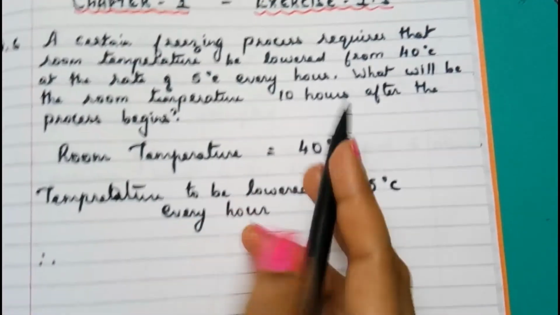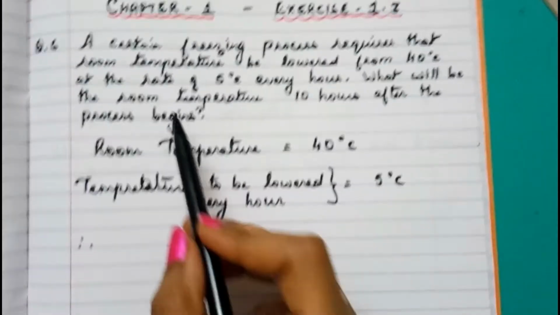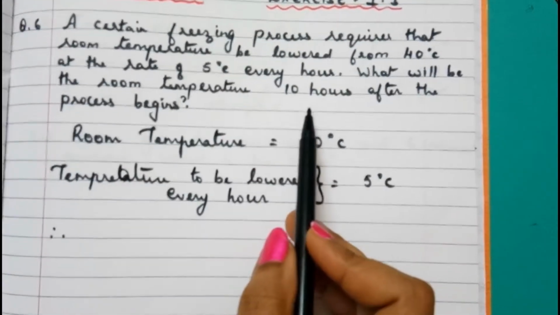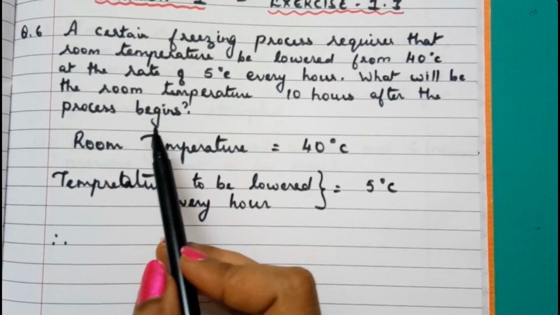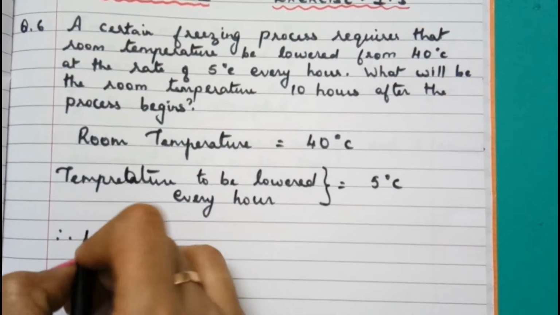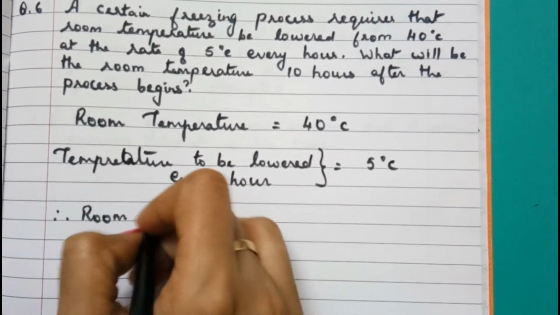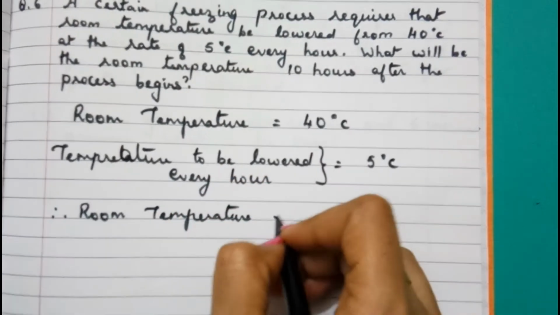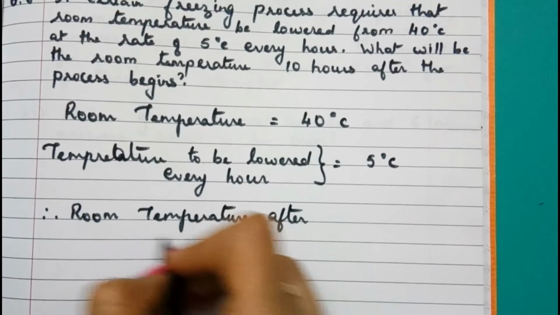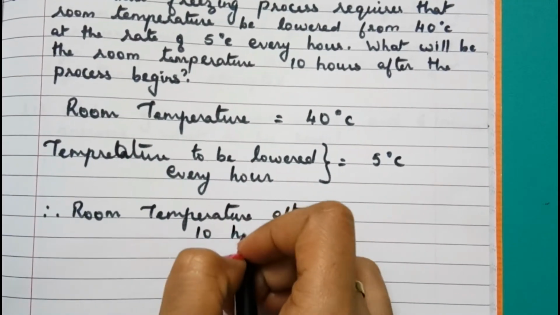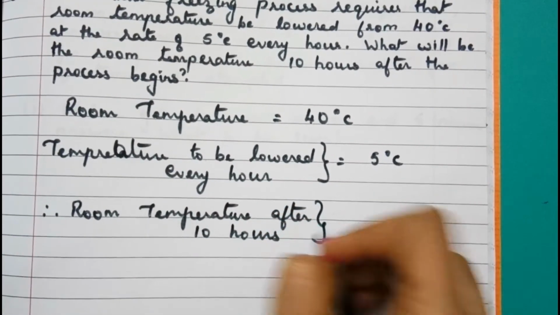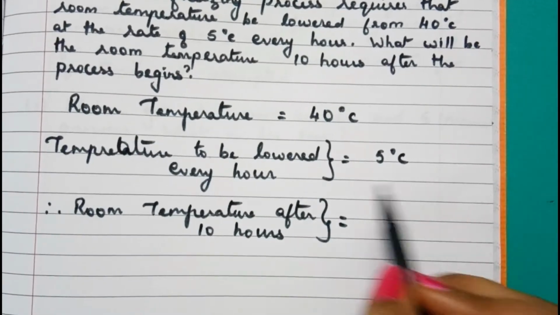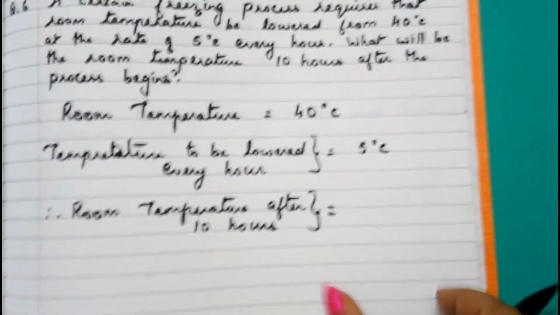Therefore, what we have to find, what will be the room temperature 10 hours after the process begins. Therefore, room temperature after 10 hours is equal to, now how will we calculate this?